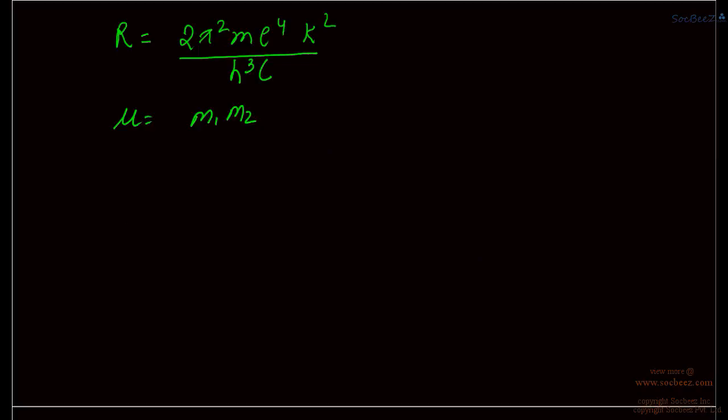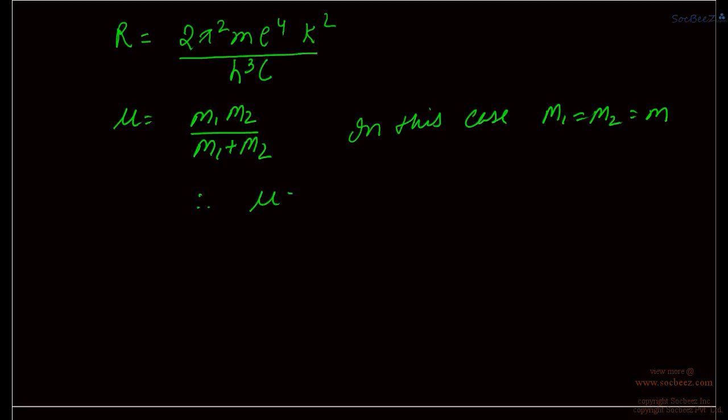So we know that reduced mass equals m1 m2 upon m1 plus m2. In this case m1 equals m2 equals m, that is the mass of the electron, and therefore the value of reduced mass comes out to be m by 2.